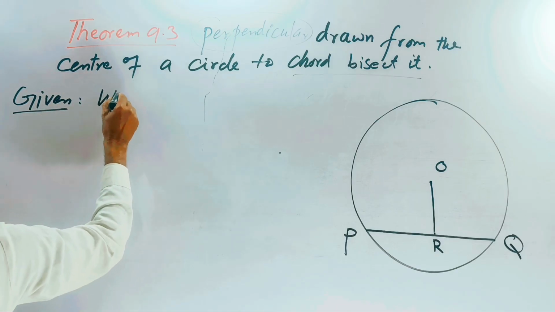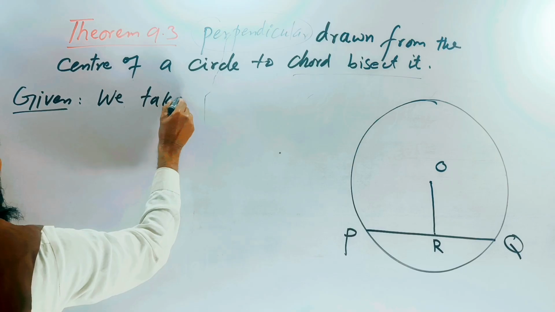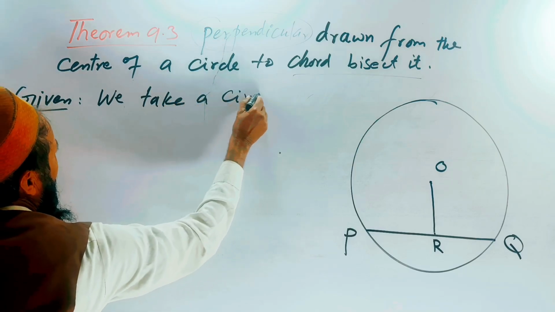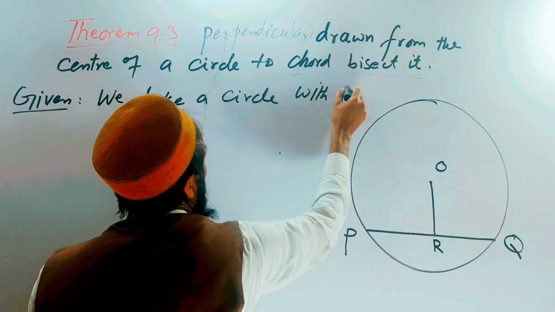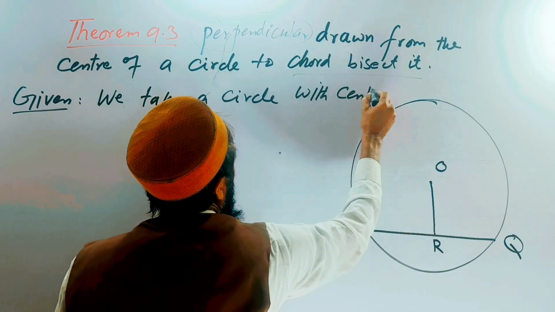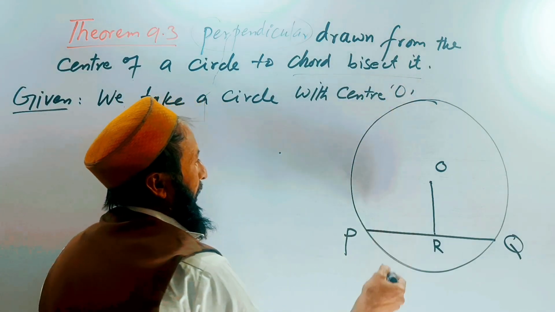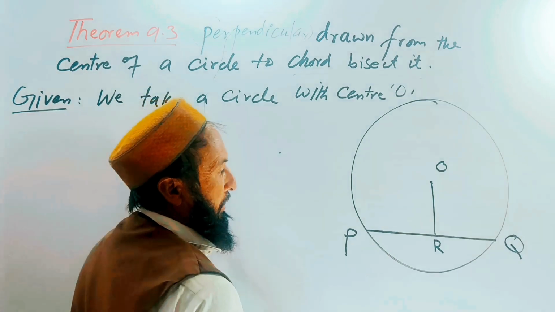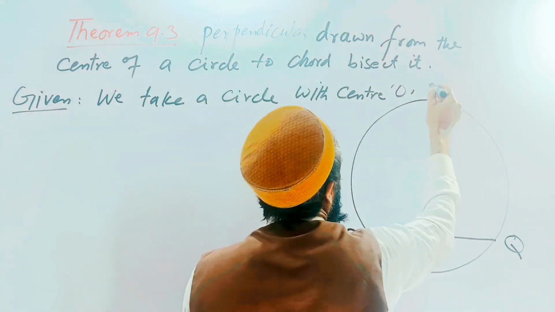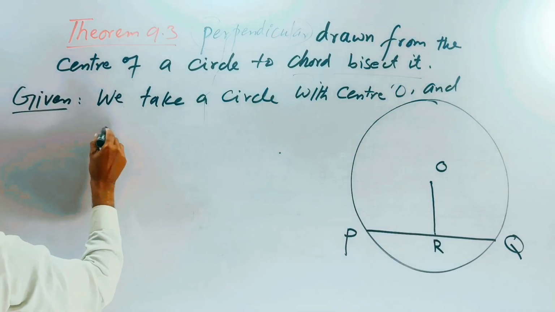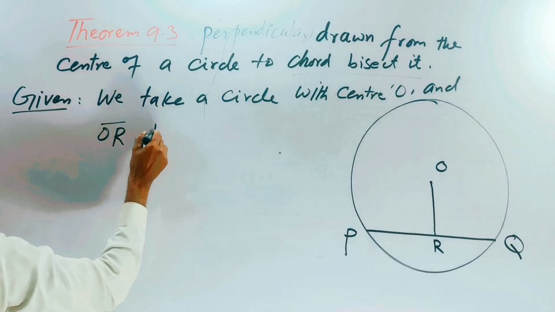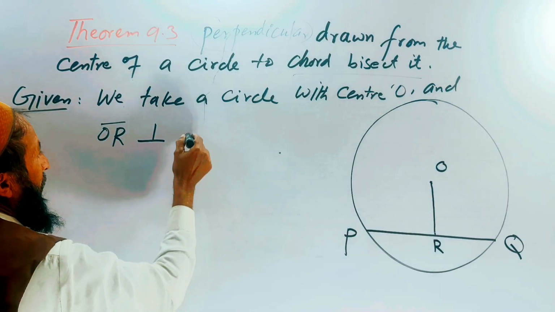We take a circle with center O and draw a perpendicular, and OR is perpendicular to the chord PQ.